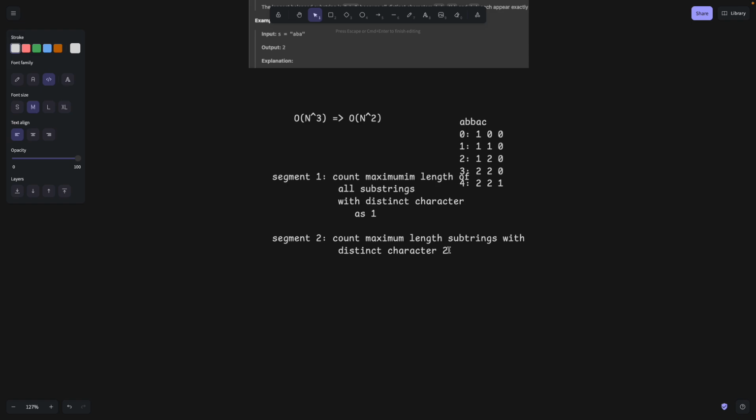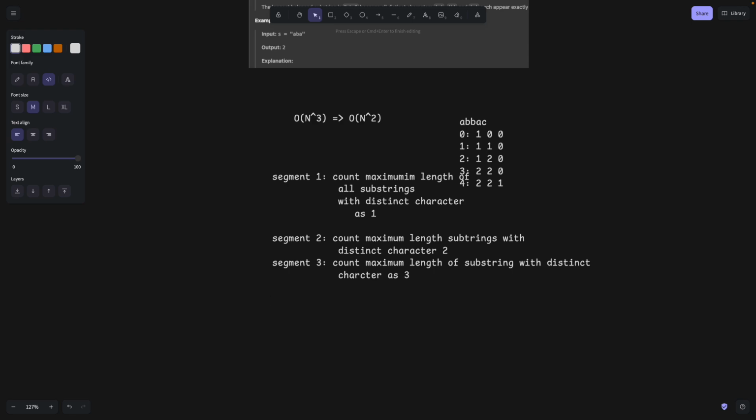Same goes for segment 3. We'll have segment 3: count the maximum length of substrings with distinct characters as 3.